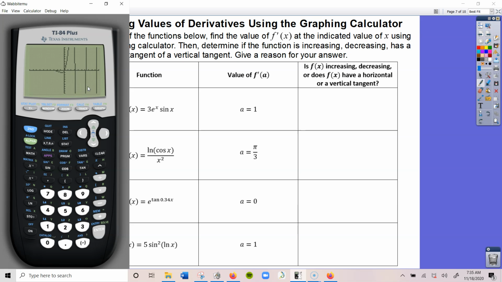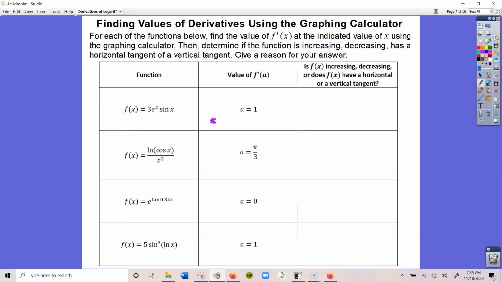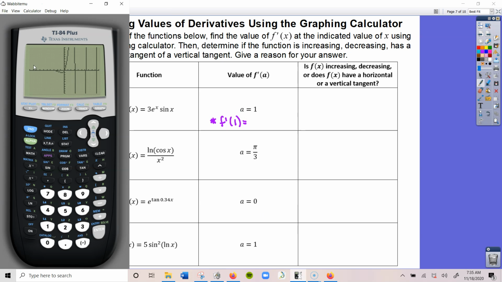So we got some wild looking stuff, but it doesn't matter. The calculator is going to find f prime of a. Okay, so we're looking for the derivative when a is equal to 1. So we're finding f prime of 1. You're going to click on second, and then right here, we're going to the calc menu. And you see that option 6 says dy dx.